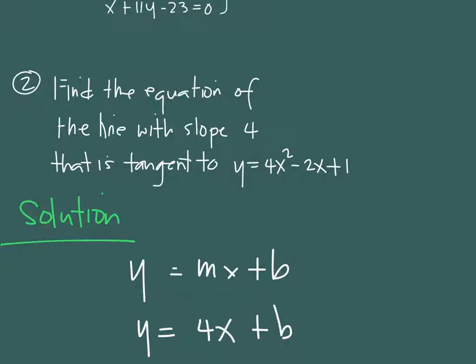What idea can we use so that we can find a specific point, a specific x? What is the relationship of derivative to the tangent line? That's the core idea. The derivative is the slope of the tangent line. And the slope of the tangent line is 4.